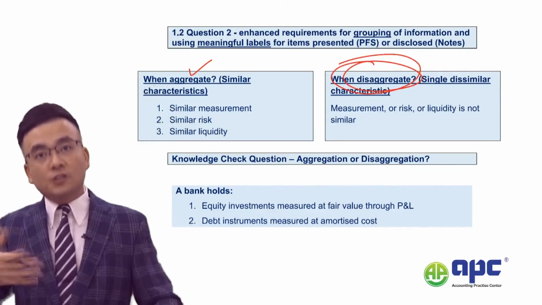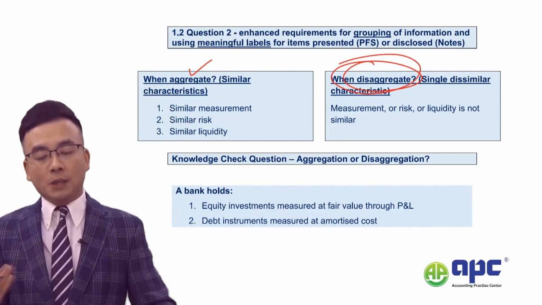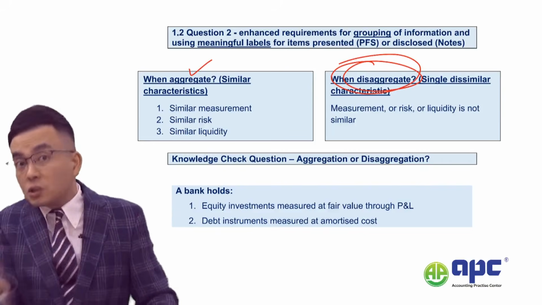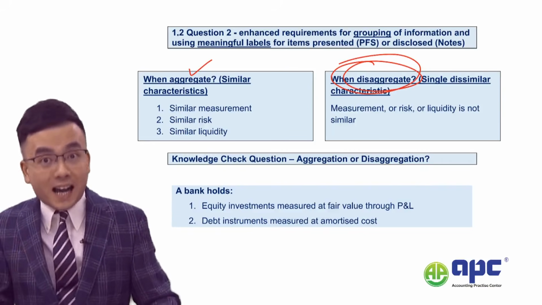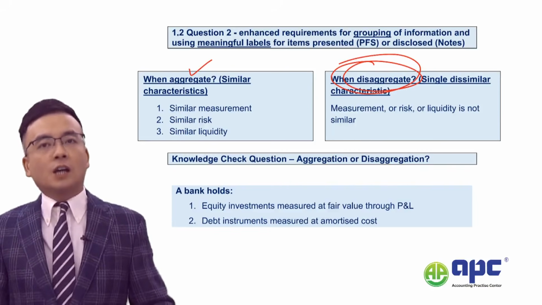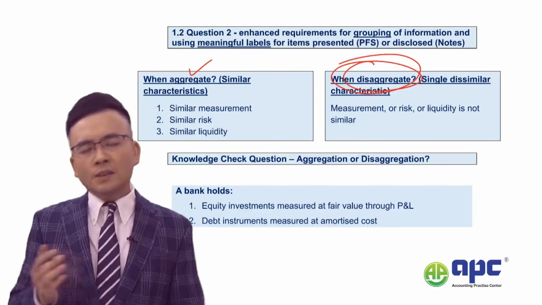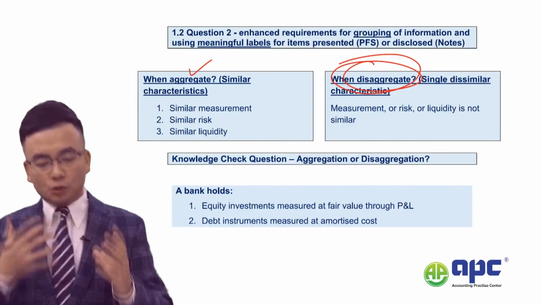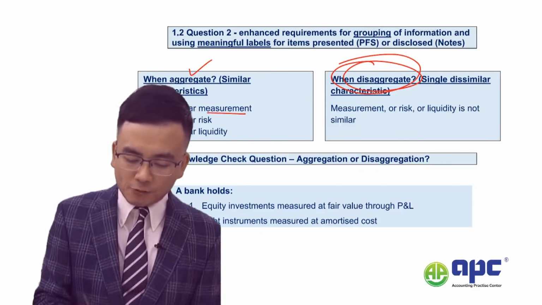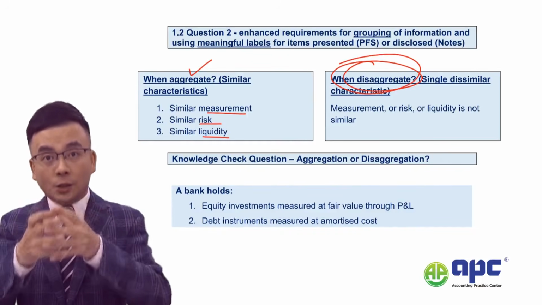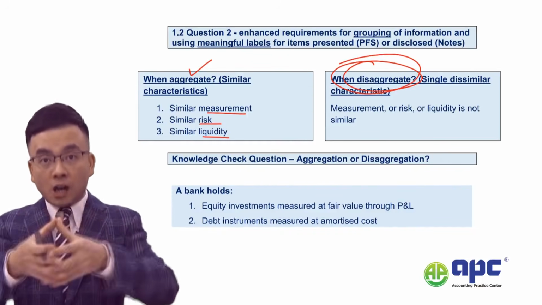Alternatively, we just disaggregate the information on a line-by-line basis. To determine whether or not we should aggregate or disaggregate the item, we'll need to see three things. If the items share similar measurement, risk and liquidity, we should aggregate them into one category rather than separate them out.